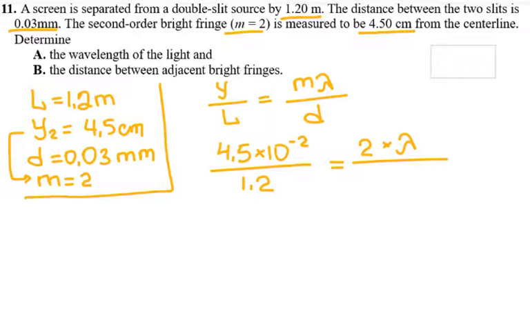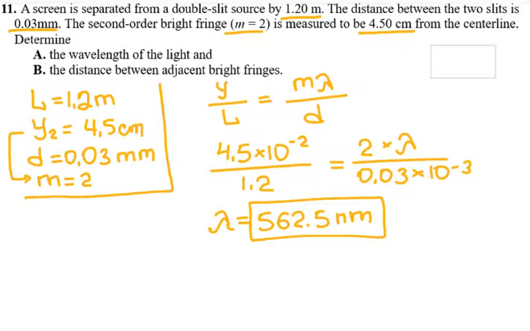And the distance between the two slits is 0.03 milli, 10 to the negative 3. So from here I can calculate that the wavelength is equal to 562.5 nanometers.